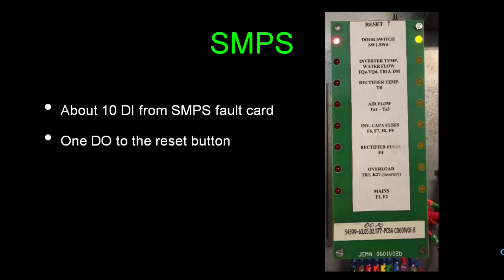And a program is written to watch for those, and whichever one comes up, it knows which fault that is, and can send the fault to a computer or desktop or monitor system inside the MCR. And then we need one digital output to go back, which will be used to trigger the reset button, and we'll never have to run inside the vault again.